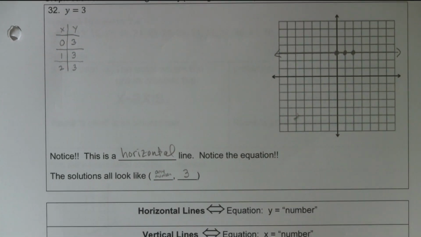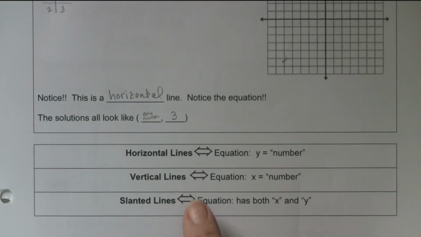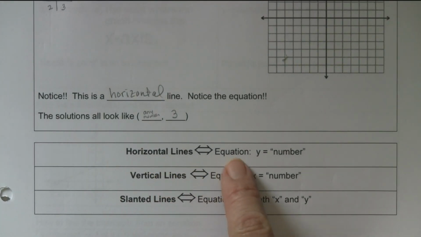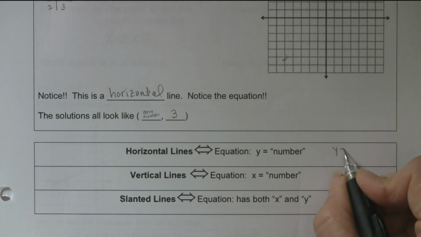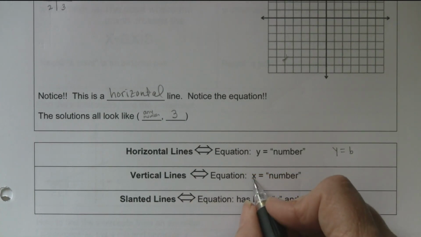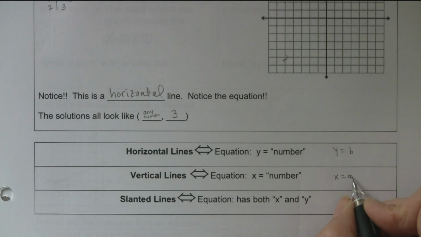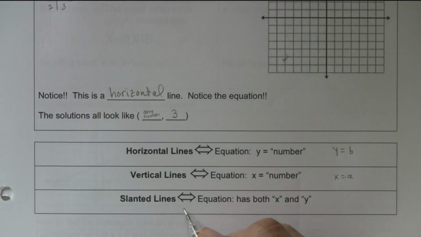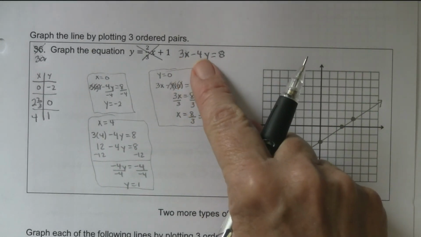And so our story is, just to fix it up, horizontal lines, their equation looks like y equals some number. Your book says y equals b, where b is any number. And vertical lines look like x equals a number. Your book says x equals a, where a is any number. And slanted lines, those are ones that go uphill or downhill, have both x and y in them.